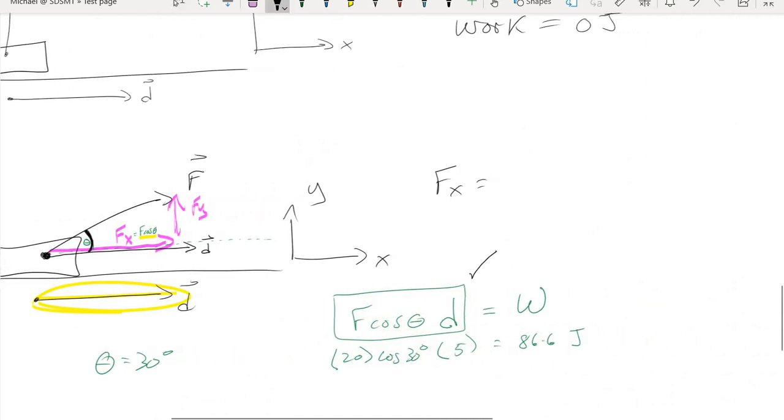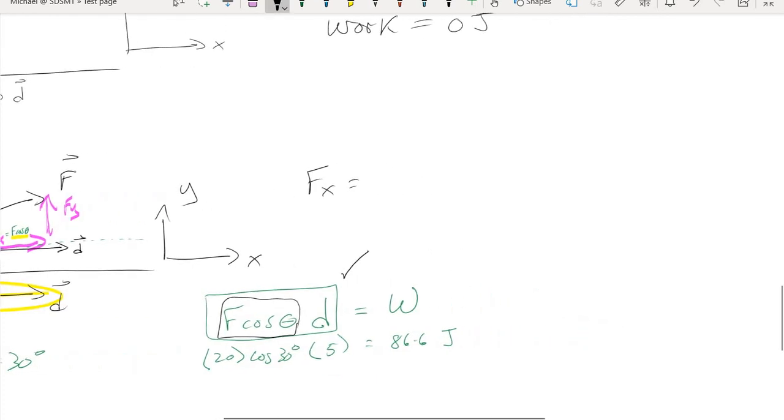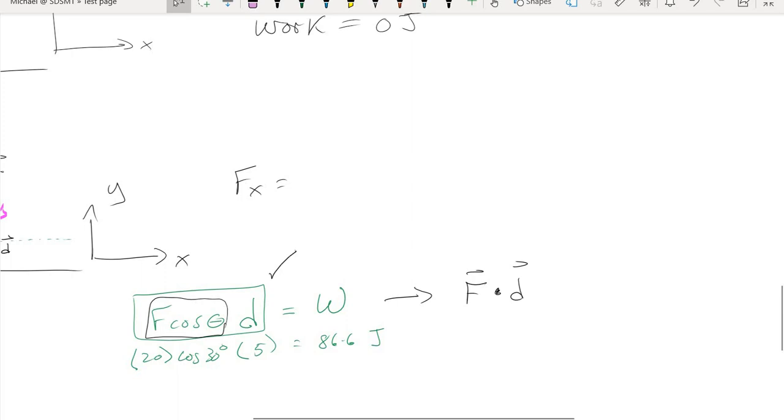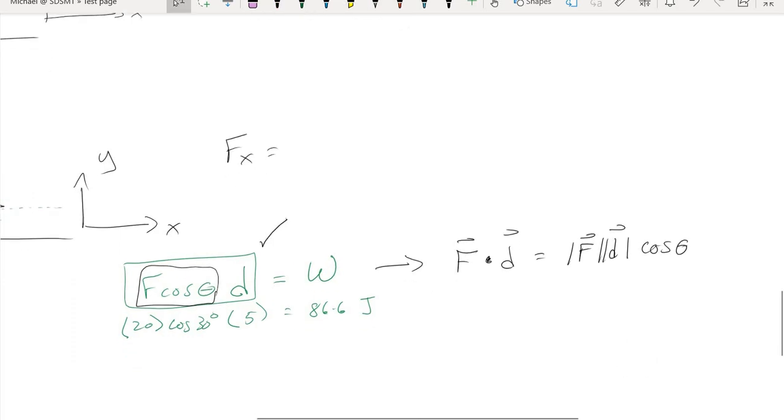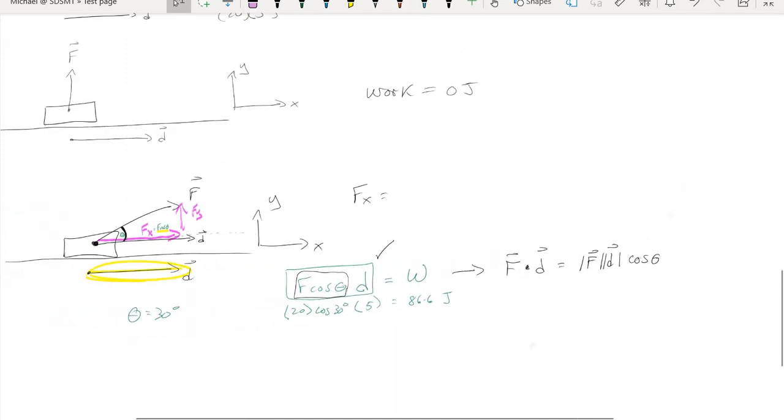And this is the definition of the dot product. The cosine theta is actually telling us what component of the force exists along the direction of our displacement vector. And we can now write this as the dot product of the two vectors F and D. We can evaluate that dot product by taking the magnitude of each vector times the cosine of the angle that exists between them.